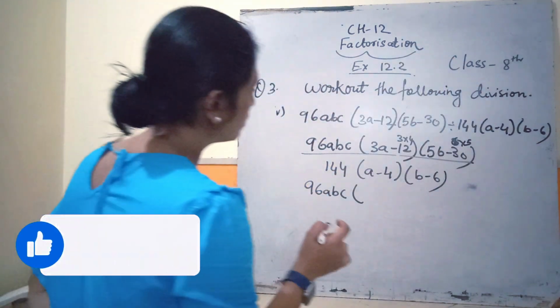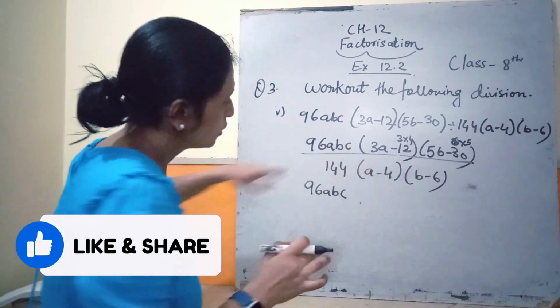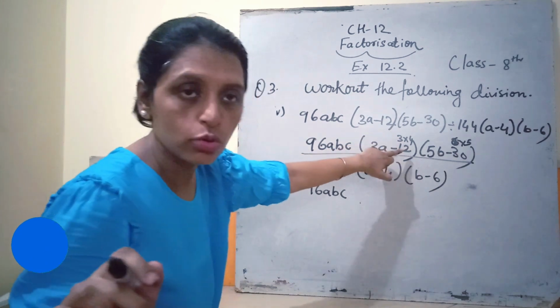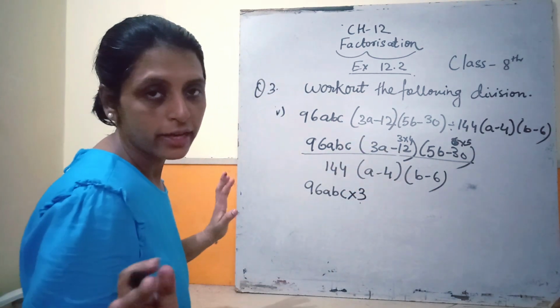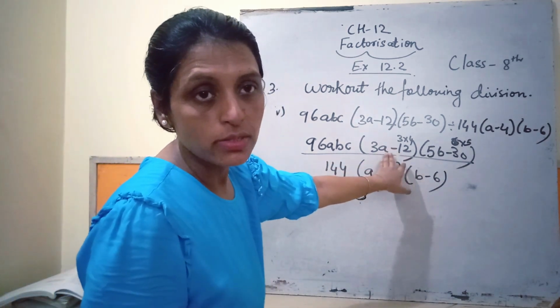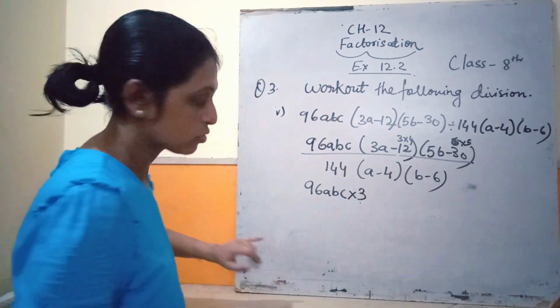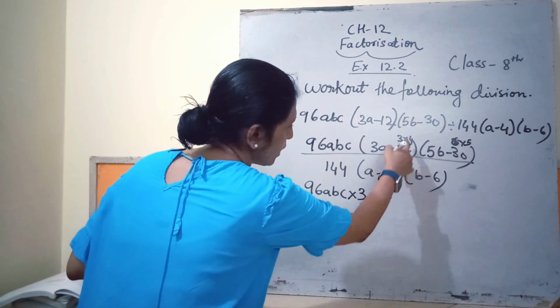Now here, if we have taken 12 as 3 into 4, you can see that 3 is present in both the terms, so we will take 3 as common. Nothing else, neither any other constant nor variable, is common. So we are left with a in the first term and 4 in the second term.